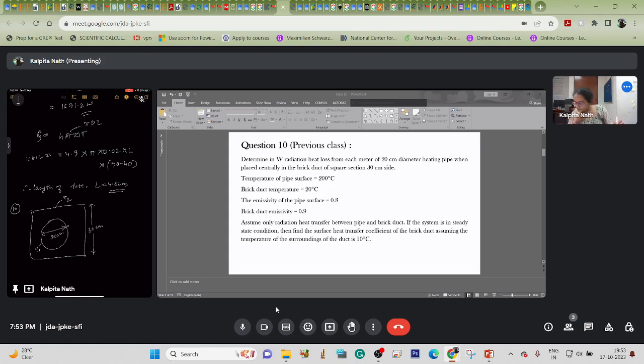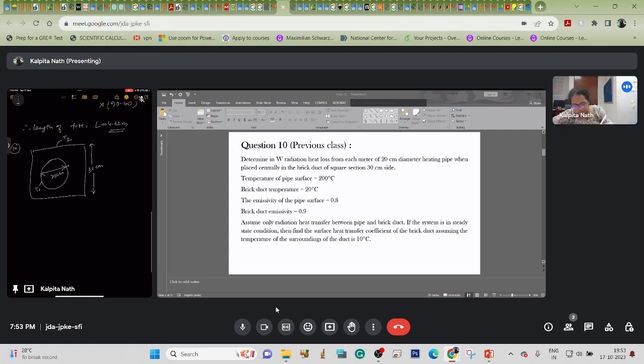Now, using the formula, Q is equal to sigma A1 (T1 to the power 4 minus T2 to the power 4), divided by 1 upon epsilon 1 plus (1 upon epsilon 2 minus 1) times A1 upon A2. Right, this formula we already know.